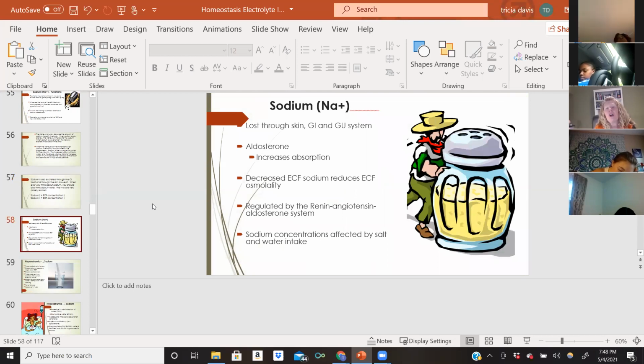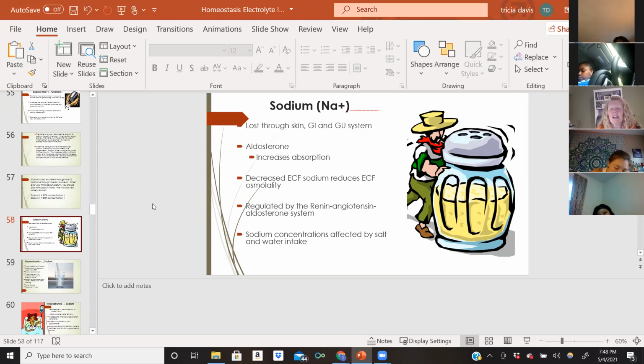So sodium is lost through our skin, through sweating, fevers, GI, right? We pee, and our GU system, pee and feces, we have a small amount of water that comes out in our feces. We have aldosterone, that aldosterone system, remember, it helps increase absorption. We have decreased extracellular fluid, which is going to reduce the ECF osmolality.